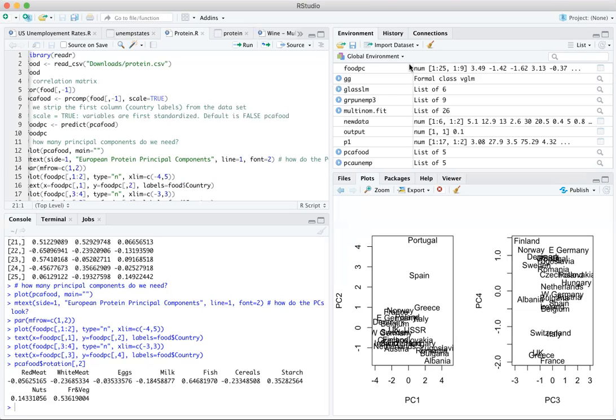The coefficients, theta_j1 through theta_jk, are the loadings of the original variable x_j, where j equals 1 through P, onto the new k factors.